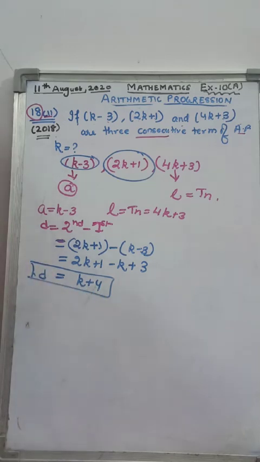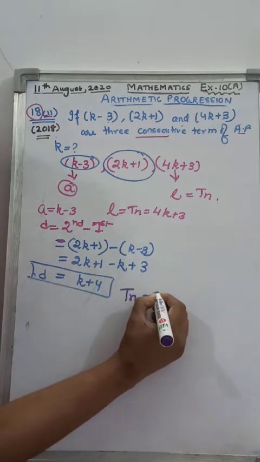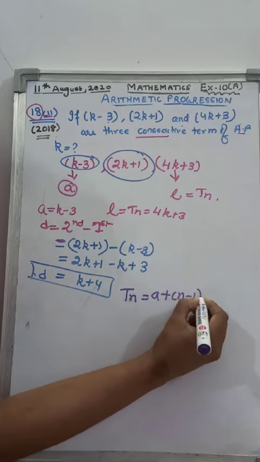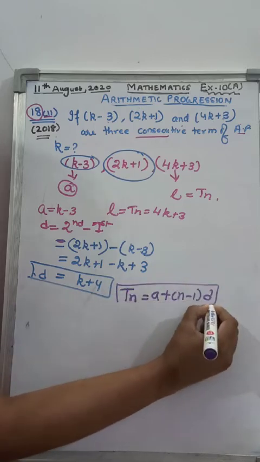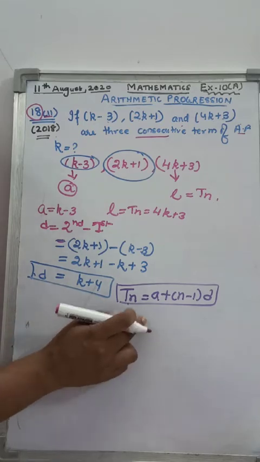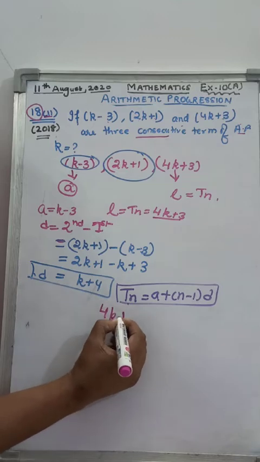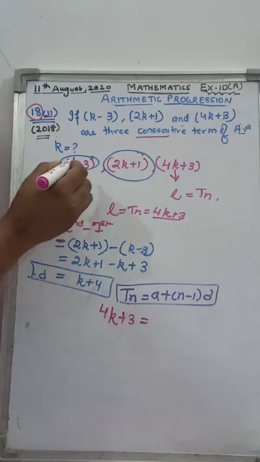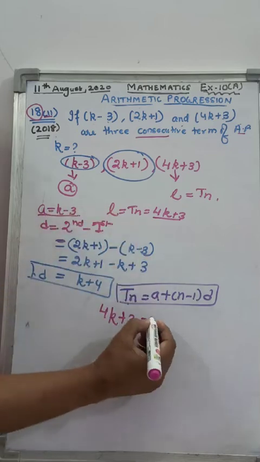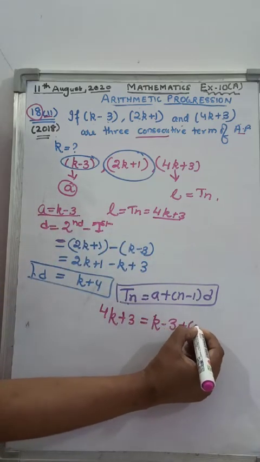Now we have to find the value of k. So we will use the formula of the Tn term. Tn is equal to a plus n minus 1 d. Now we only substitute the value and then we will find out k. So what is Tn? 4k plus 3. And what is A? A is k minus 3, plus n, number of terms.